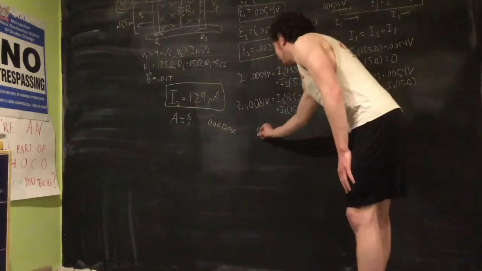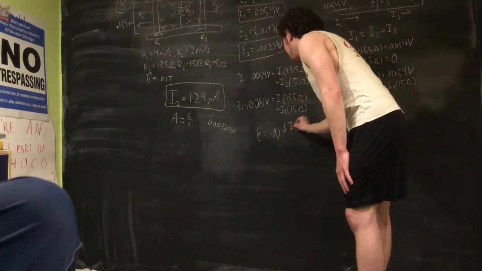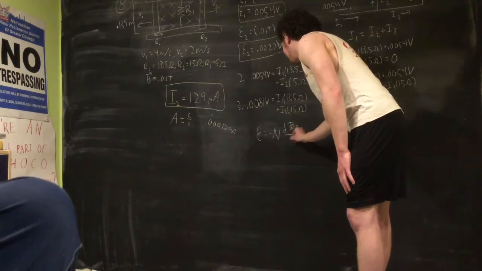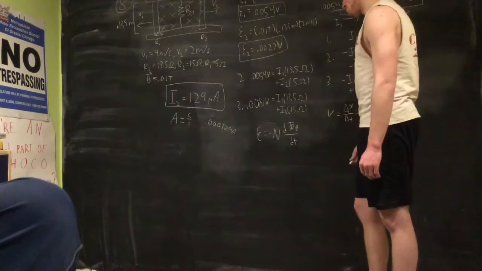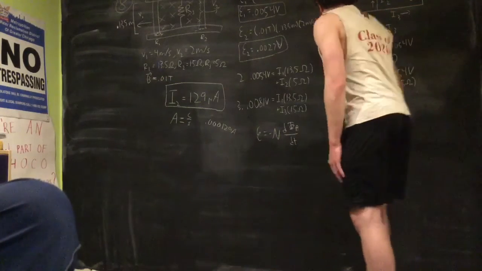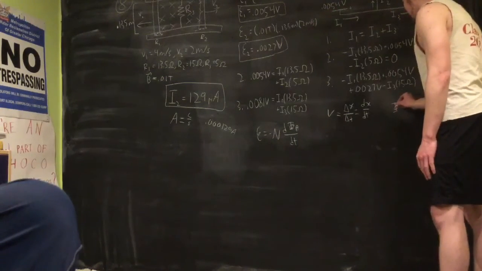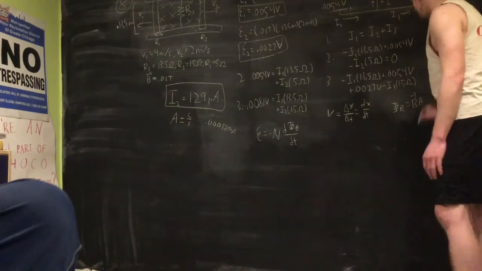And we know that EMF is equal to negative N dΦ/dt. Okay? What's flux? Flux is equal to the magnetic field times the area, technically.